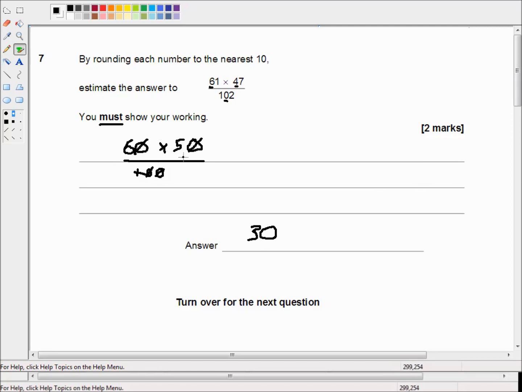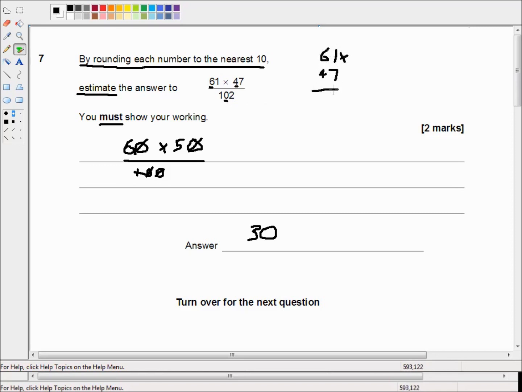And now for a word of warning. If you hadn't read or hadn't understood this by rounding each number to the nearest 10 part, and you hadn't got this estimate, you might have been tempted to try and do this as a calculation, and you could have wasted a lot of time on a calculation like this: 61 times 47.